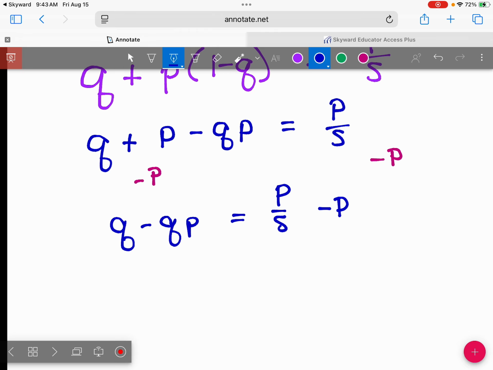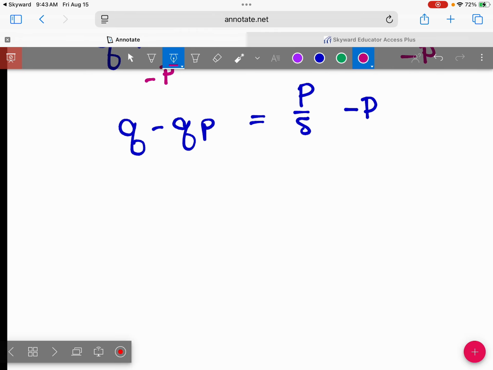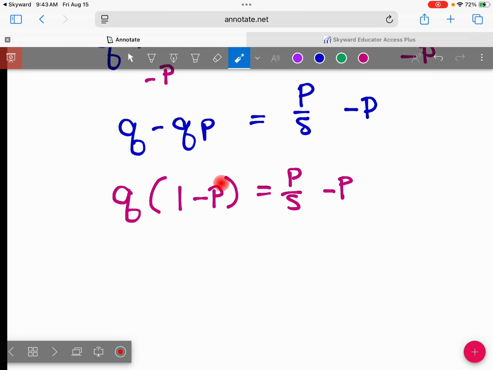I want one q. Think of it like a GCF. If I factor out a q, we get q times 1 minus p, right? That means the same thing. And then I can get my q by itself.